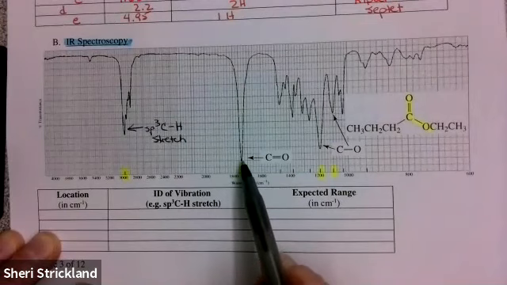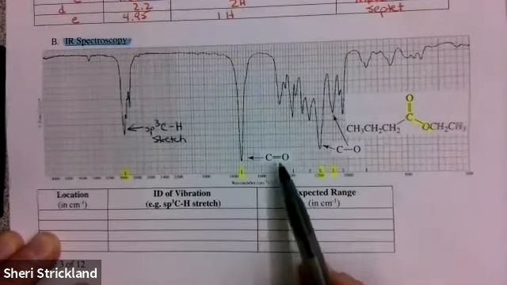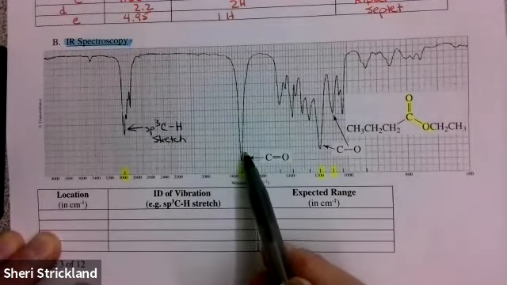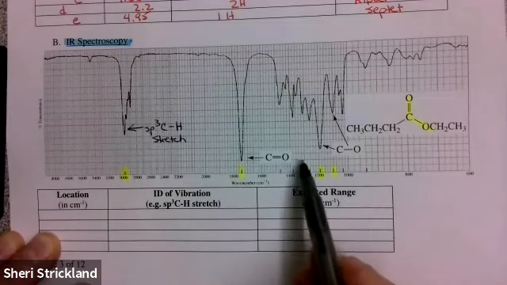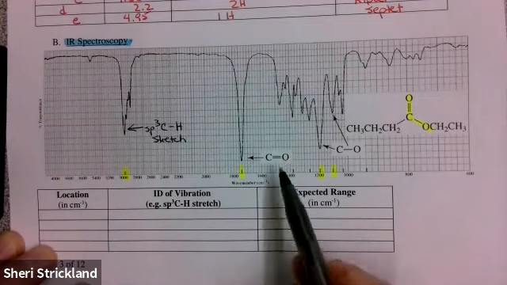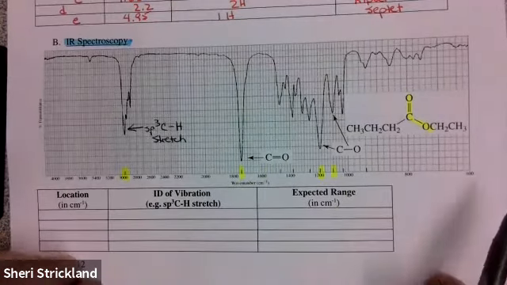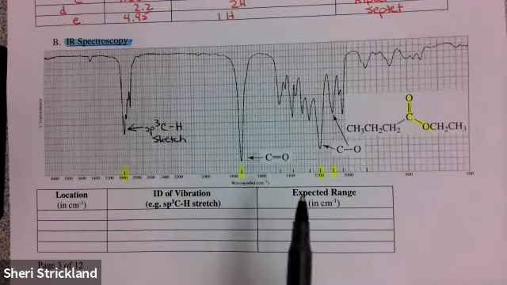And you can see in these carbon-oxygen stretches, either with the double bond or the single bond, there's a little bit of roundedness, not a lot, because this oxygen is a hydrogen bond acceptor. It can't be a hydrogen bond donor because there's no hydrogen attached to it. But it does give it, I think, that little bit of roundedness.